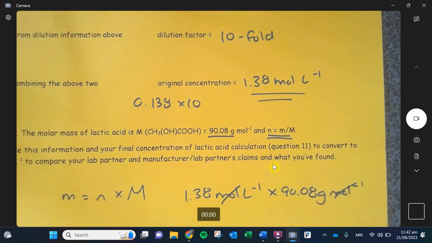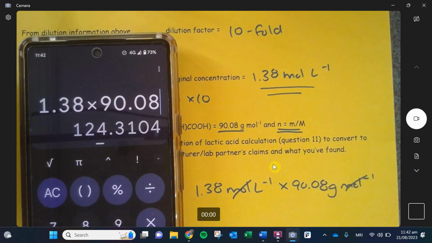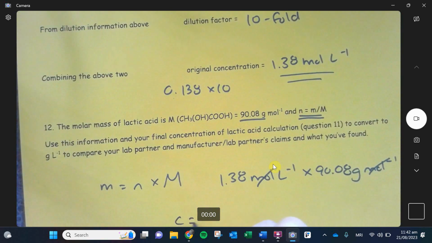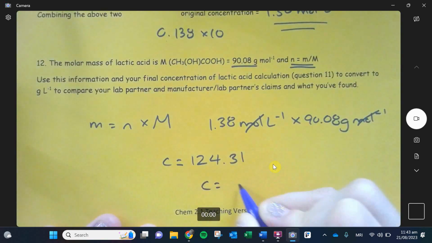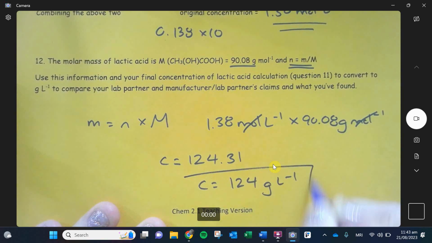So let's do that. Times 90.08, I get that my lactic acid concentration is actually 124.31. I'm going to do 3 significant figures and units. So 124 grams per liter is my final answer.